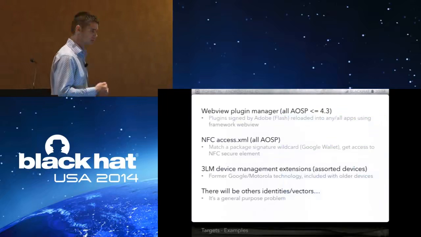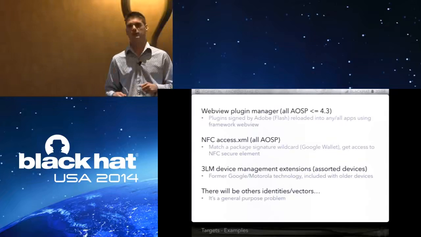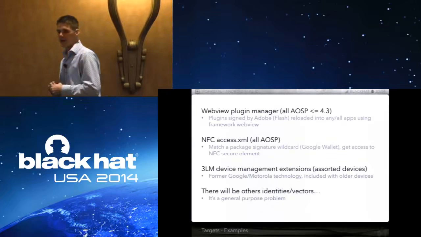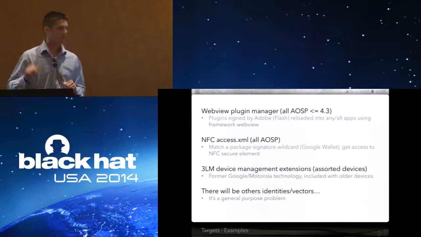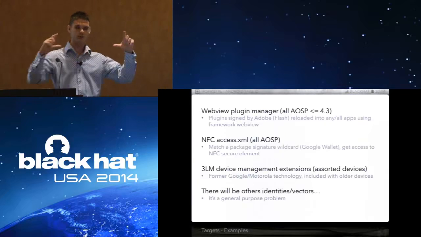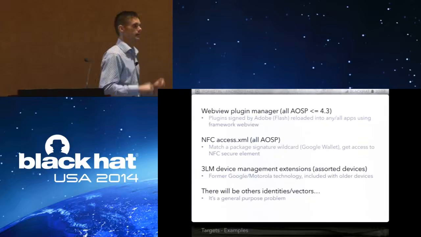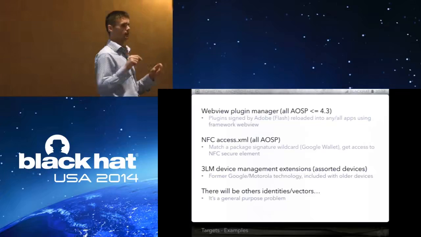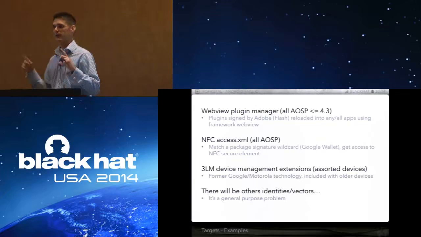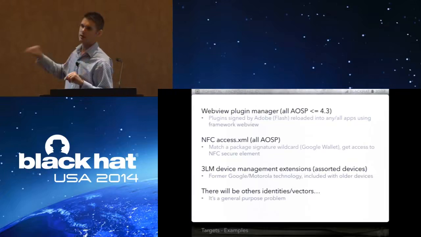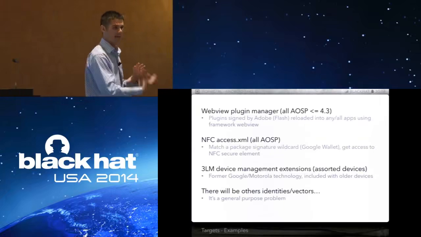So we found a couple of really compelling, really unfortunate places where these things can actually be pretty damaging. One of them, the widest one, is in the WebKit WebView plugin. Like I was saying, in that previous code I splashed up, Adobe's certificate is hard-coded in Android prior to KitKat so that Adobe can ship a Flash plugin to an Android device and get special privileges for the Flash plugin to leave the sandbox and be shoved into every other app, so all the other apps can use the Flash plugin as part of their web view inside the app.